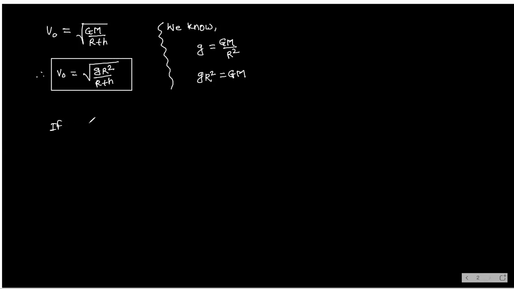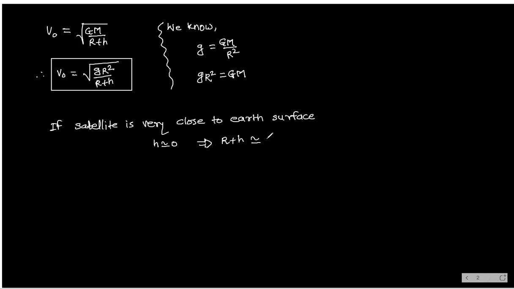Now, if the satellite is very close to Earth's surface, then h is nearly equal to 0, and that implies this R plus h is nearly equal to R, we can say.